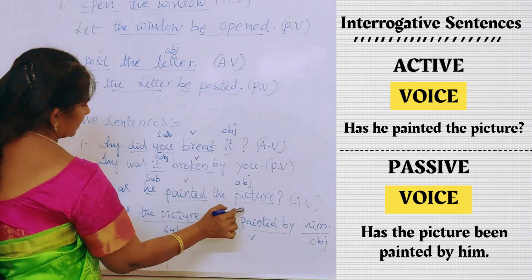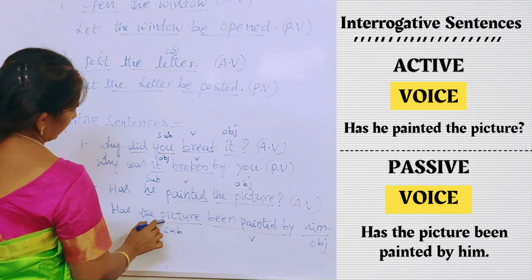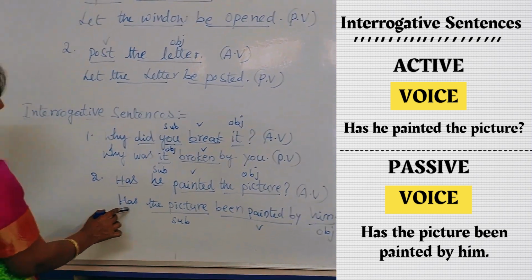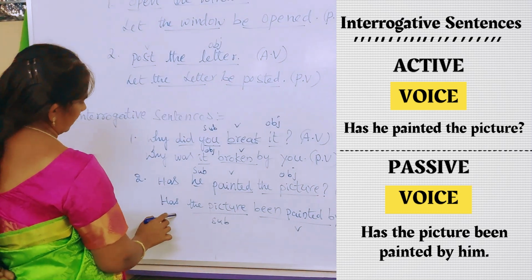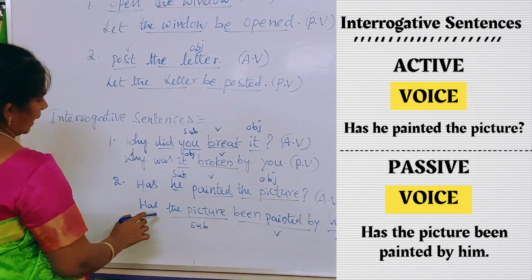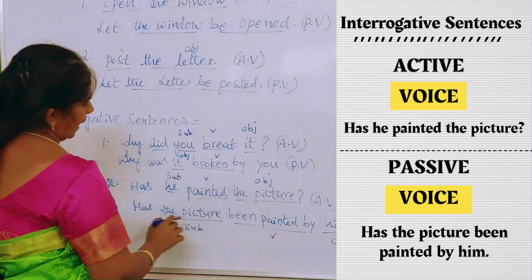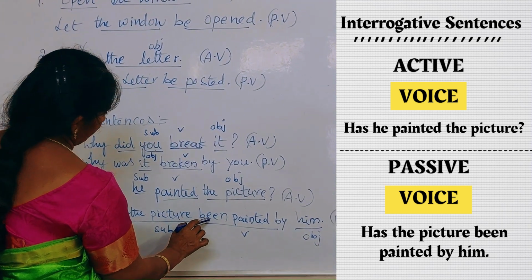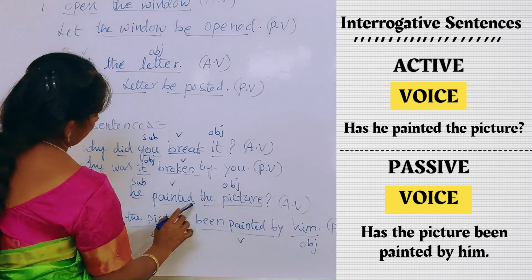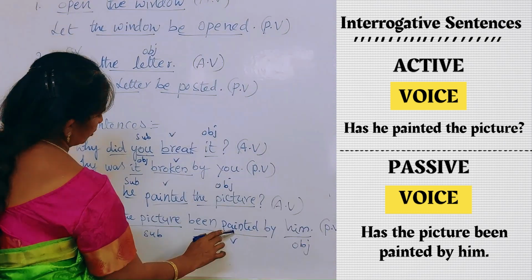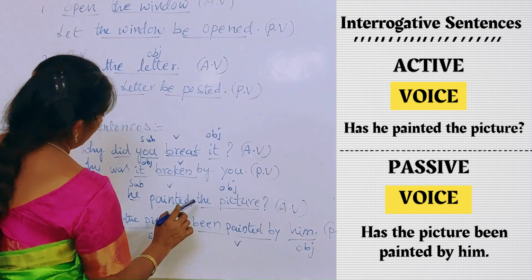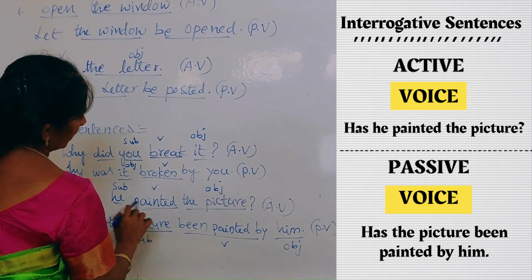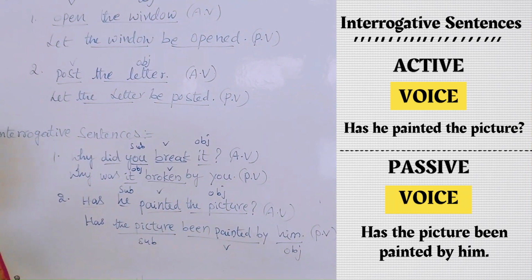So as the object becomes subject, picture in passive voice, as it is singular, we have written helping verb has in passive form, and as it is in present perfect tense, been is added in passive form, and then V3 painted is written as usual in passive form also, and agent by is added, and then subject he becomes object him in passive voice.